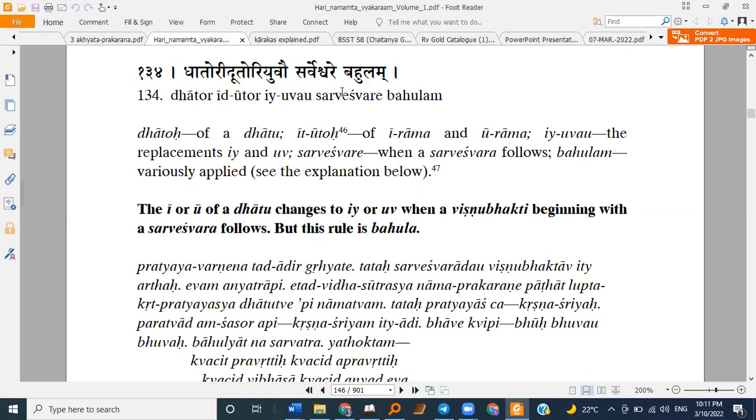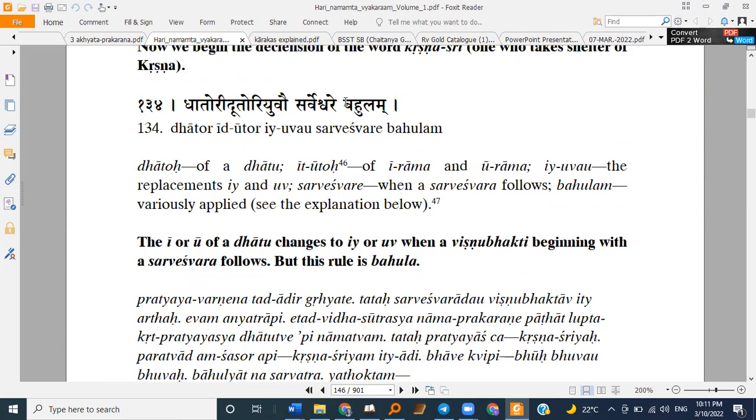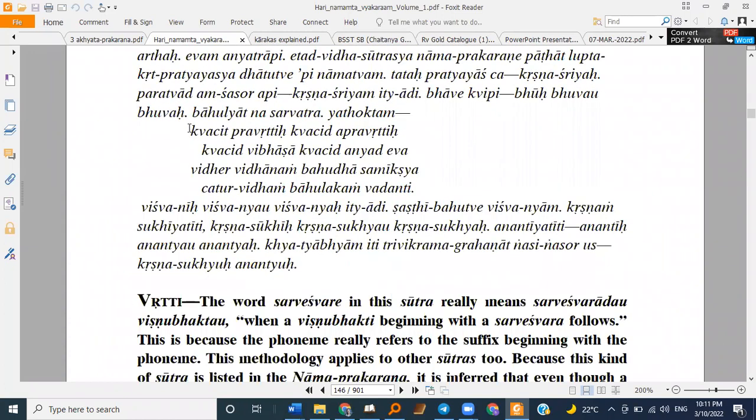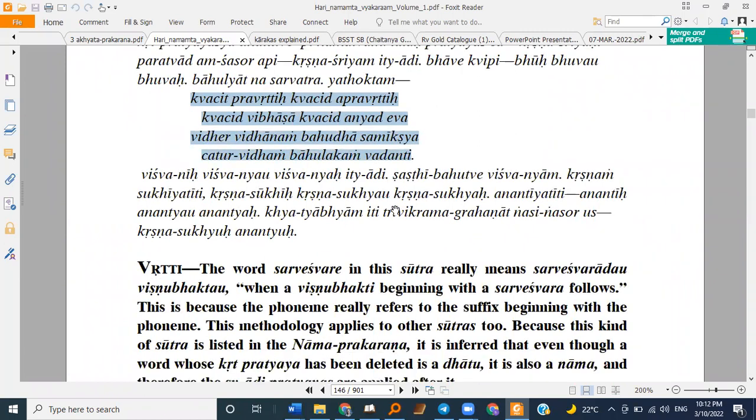Here comes a complexity in Sanskrit. Although Sanskrit is a very refined and very systematic language, there are also things like Bahulam here. So what is Bahulam? Bahulam is Kvachit Pravrittihi, Kvachid Apravrittihi, Kvachit Vibhasha, Kvachit Anyadeva. Vidhir Vidhanam Bahudha Samikshya, Chaturvidham Bahulakam Vadanti.